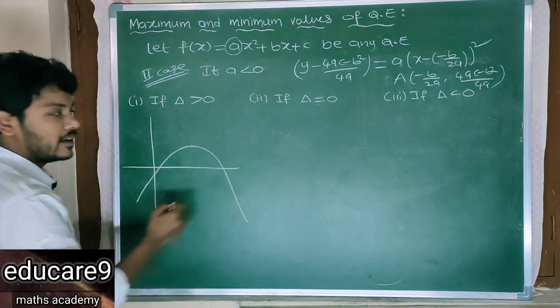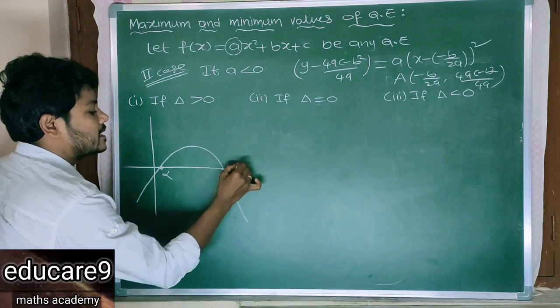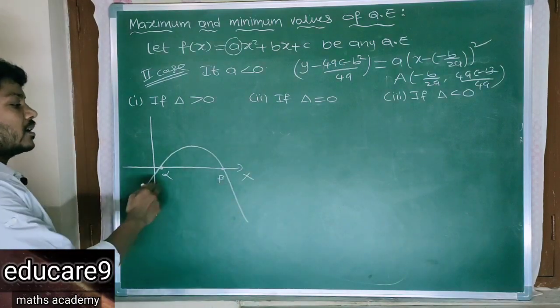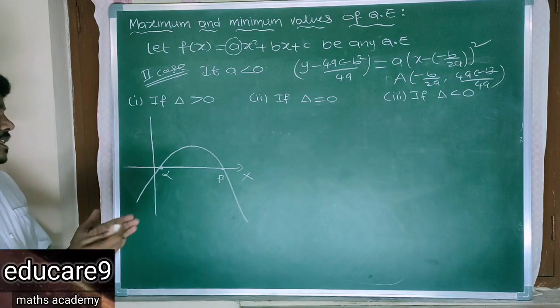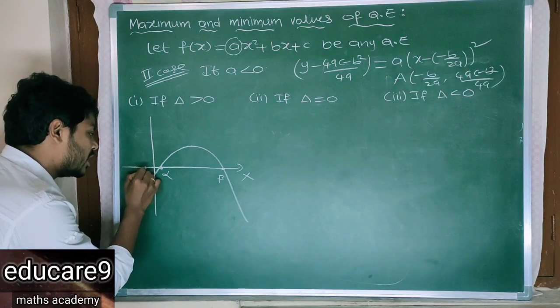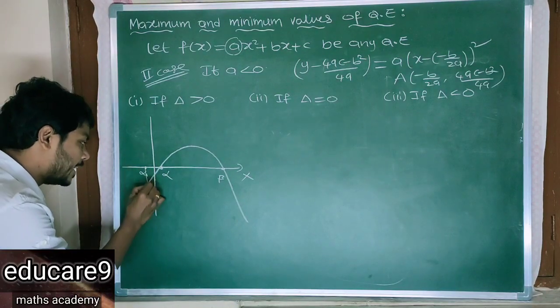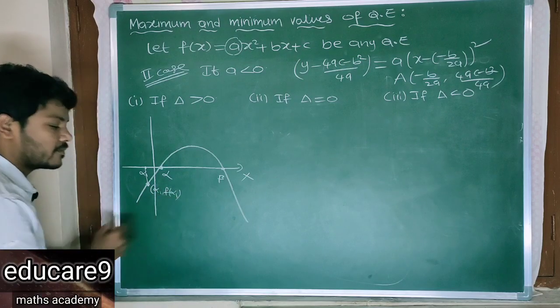So see here, this is the given graph. Here the points of intersection of the x-axis and the given graph are alpha and beta. If x is less than alpha, for example, this is alpha 1. So what is this point? Alpha 1 comma f of alpha 1.